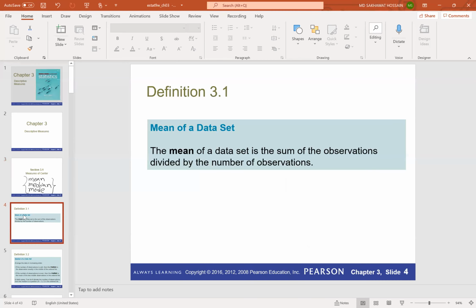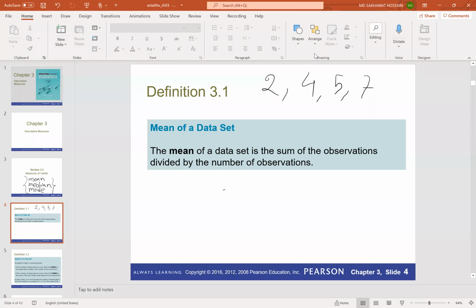So what is the mean? The mean of a data set is the sum of the observations divided by the number of observations. For example, if you have a data set of 4 observations, 2, 4, 5, 7, we'll calculate the mean of this data set.